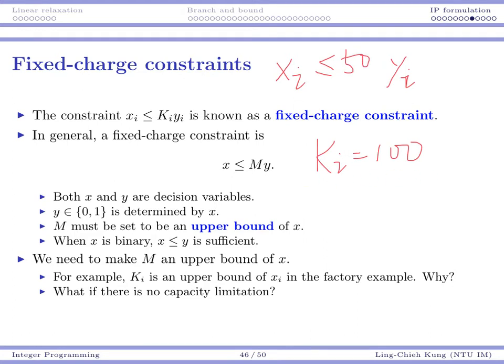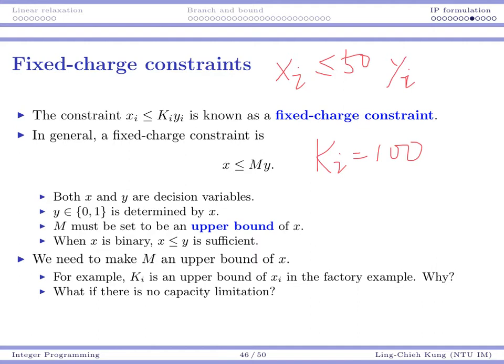You actually can produce up to 100, but you are requiring yourself to produce less than or equal to 50. That's too restricted. So your M here must be large enough to be an upper bound of the left-hand side. Then this fixed charge constraint is correct. In this case, you set it to Ki. You of course can set it to Ki plus 1, 2 Ki, 3 Ki, and so on.